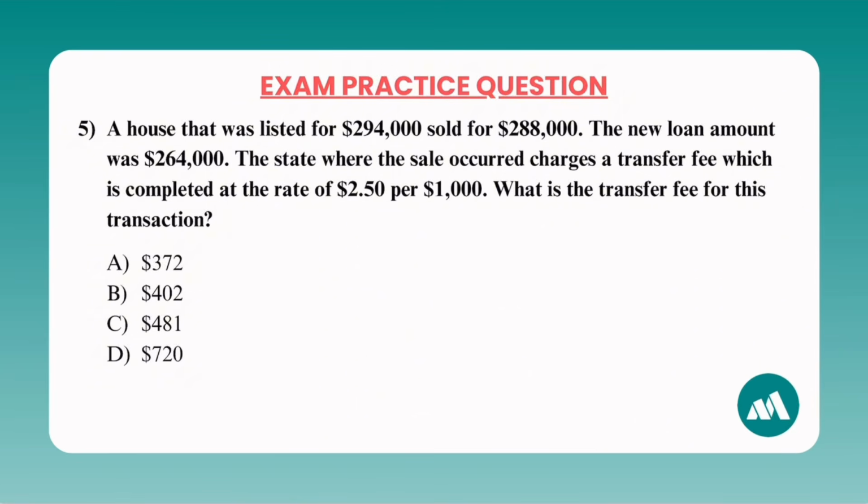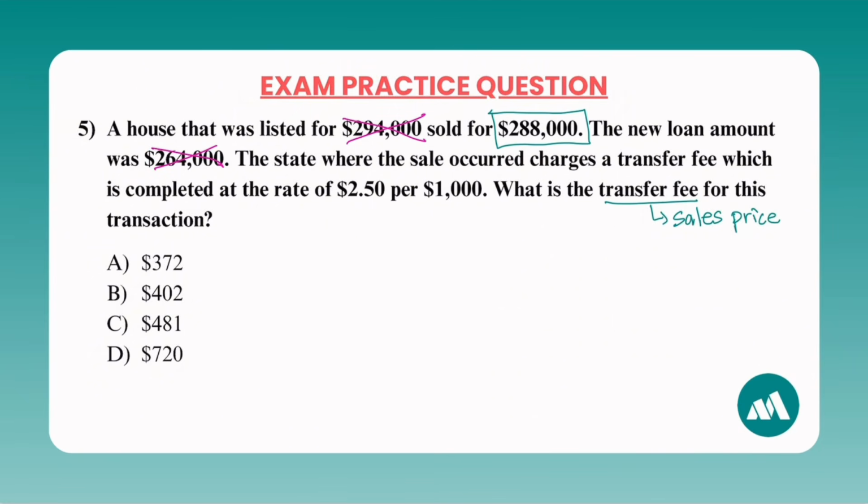What is the transfer fee for this transaction? Now, there's 2 things in this question that I want you to understand. Whenever we're talking about transfer fee, we're talking about the sales price. So the sales price is the one that we are going to be working with. We don't need the $294,000 or what the loan amount is.